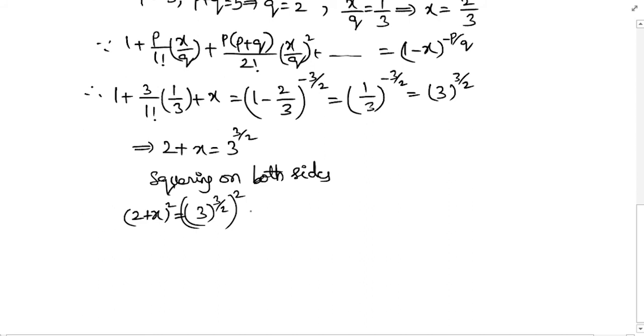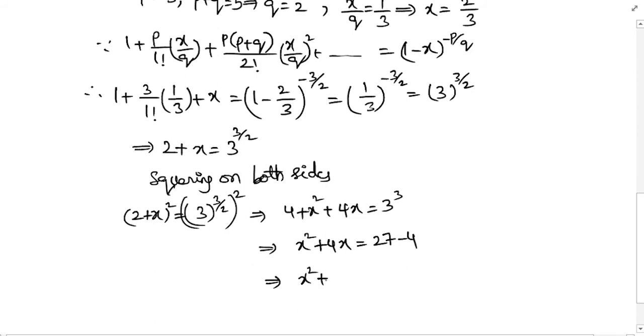So that means 4 plus x square plus 4x is equal to 3 cube. That means x square plus 4x is equal to 3 cube, which is 27, minus 4. That implies x square plus 4x is equal to 23. So this is our answer.